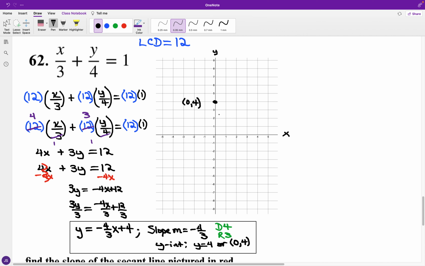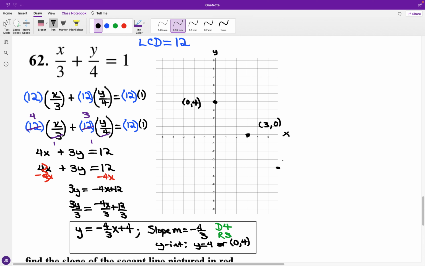And if I go down 4 units and shift over 3 units, we have an x-intercept at (3, 0). And I could actually continue the trend. So I go down 1, 2, 3, 4, and shift over to the right 3 units.